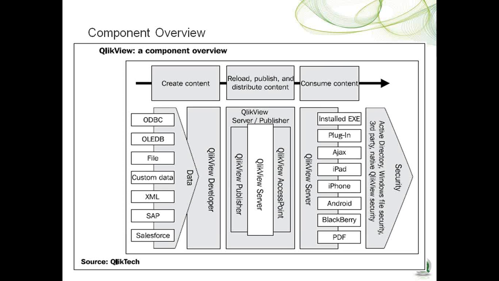Yeah. I work on most of the projects where we are directly getting the data in the form of flat text files or Excel files from the OLTP application, and we are using that data in QlikView directly without any intermediate data warehouse layer.